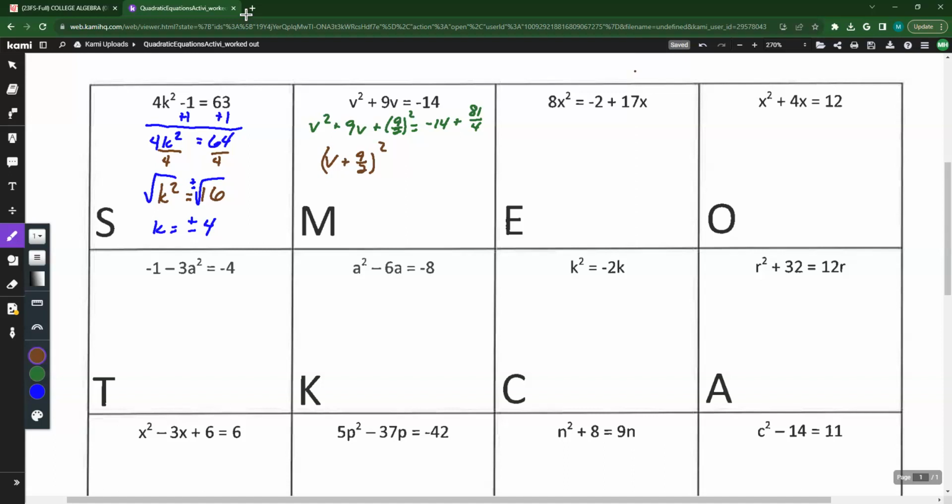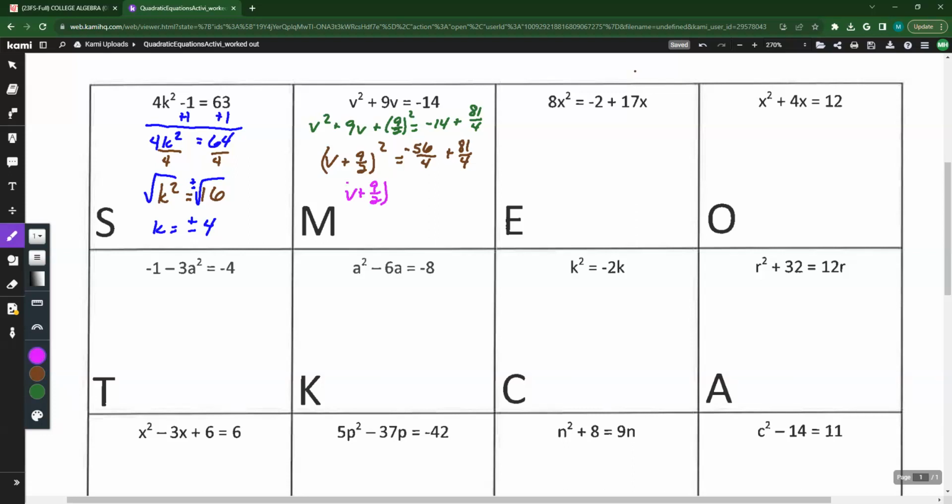The middle term is the square root of the ends. And then I need a common denominator. So this needs to get multiplied by 4. 4 times 14 is 56. So negative 56 over 4 plus 81 over 4. Those can be combined. So I have v plus 9 halves.